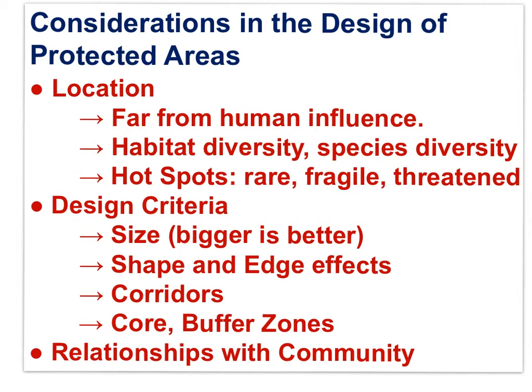Size, bigger is better. Shape and the edge effects. I'll speak more about this in detail later on. Corridors between reserves, and core buffer zone design to the national park. And third, lastly, relationships with the community. Okay, with the next slide, we'll start with location.